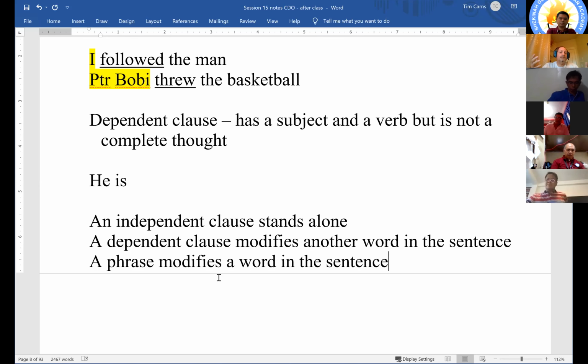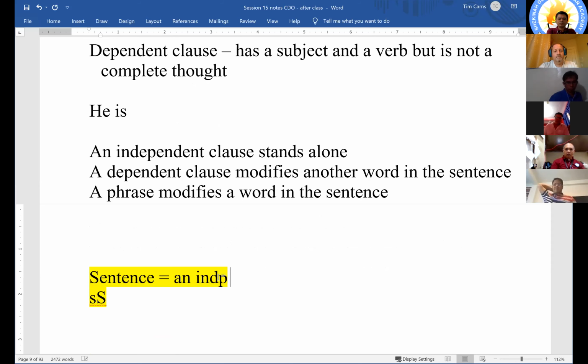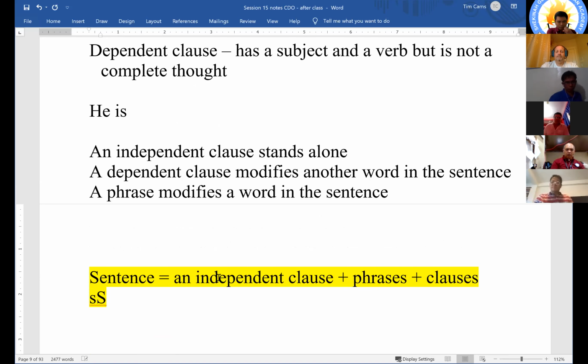A sentence will have an independent clause and then possibly other phrases and possibly other dependent clauses. Okay? And that's what we have in a sentence.